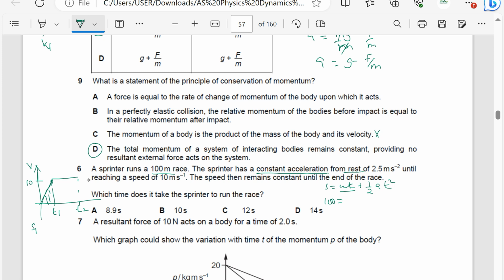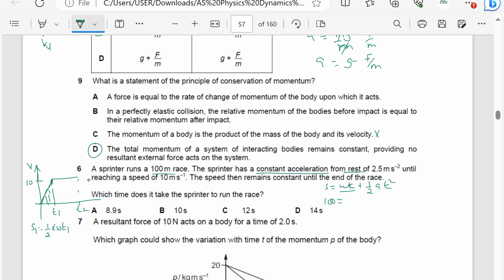So I'll call that S1, which is equal to a half times 10 times t1. Then S2 is going to be the difference between t1 and t2, then times 10.